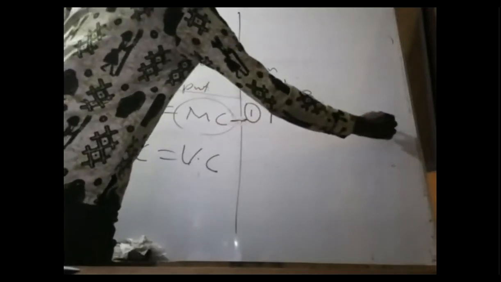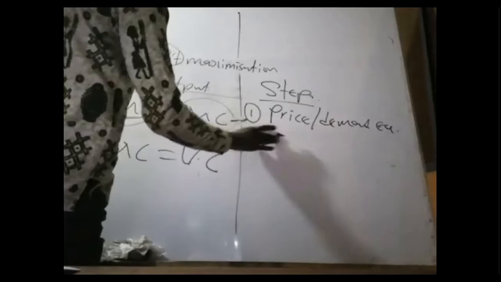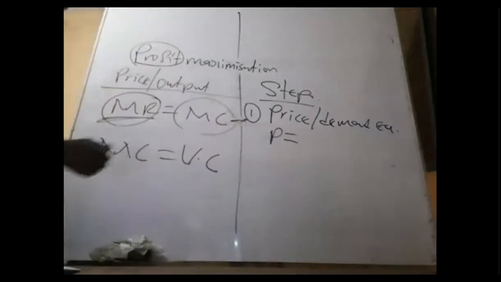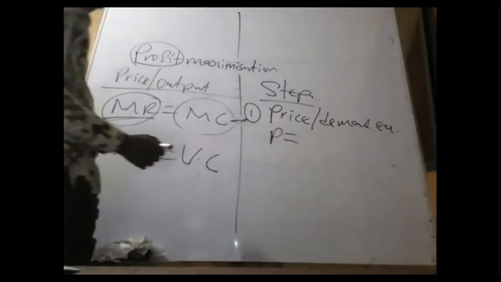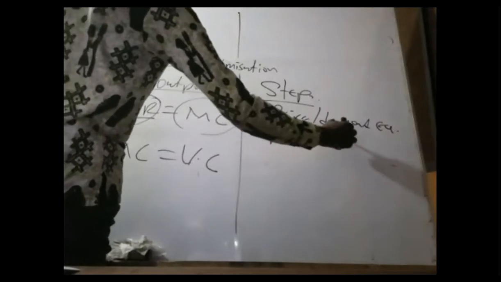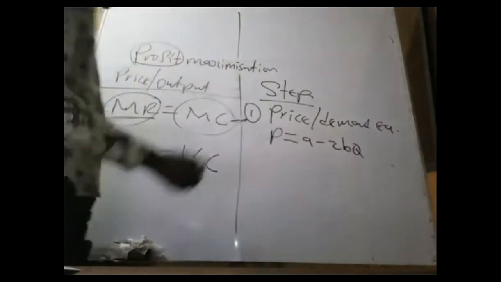It means that we need to look for P equal to A minus 2BQ, right? Okay.